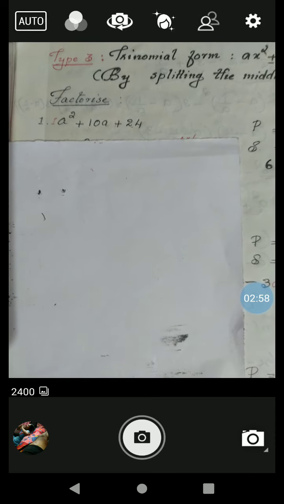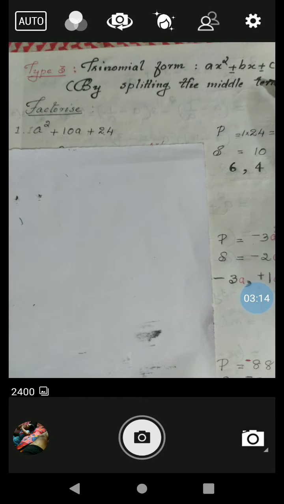I think you have studied factorization of trinomial form in the earlier classes, I think in standard 8. Do you remember that? When a trinomial is of the form ax square plus bx plus c, split the middle term. Middle term means this is the middle term.